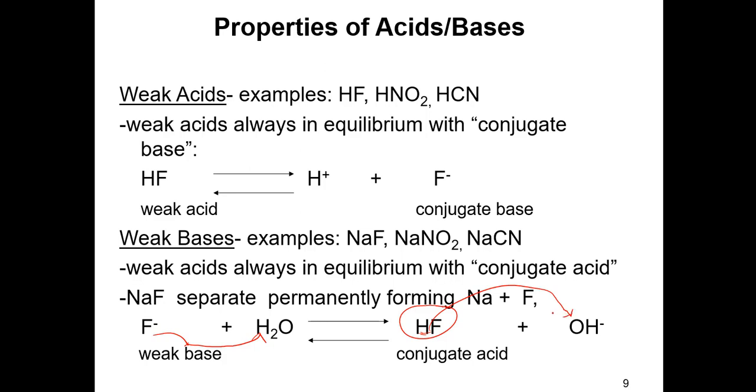Now it's a hydroxide, but it's going to give the hydrogen to the hydroxide, forming the water. Because it's going to give off the hydrogen, we call it a conjugate acid. So you'll notice on the product side, we like to use the word conjugate, and then we describe whether it's going to be a base or an acid.